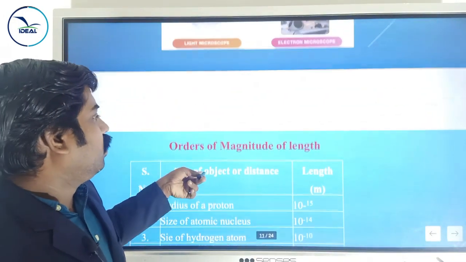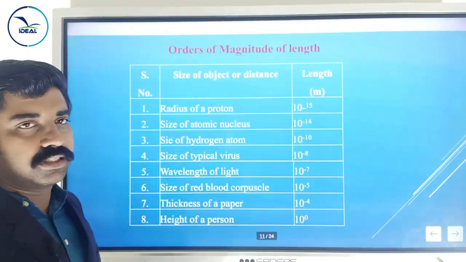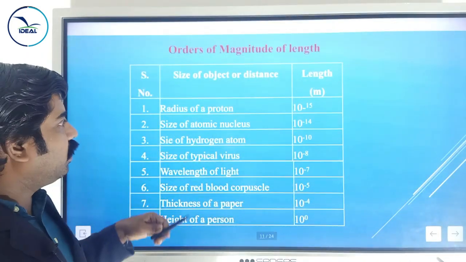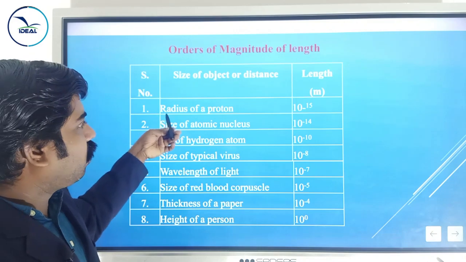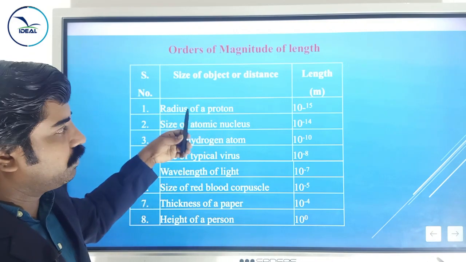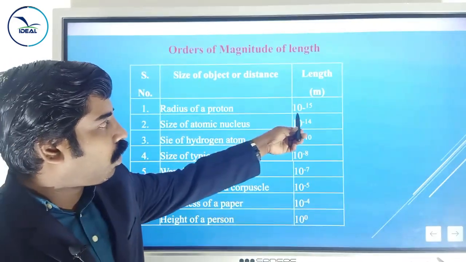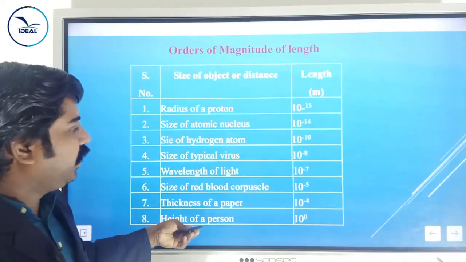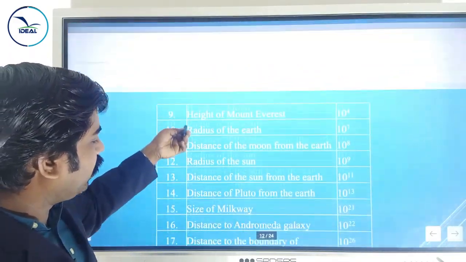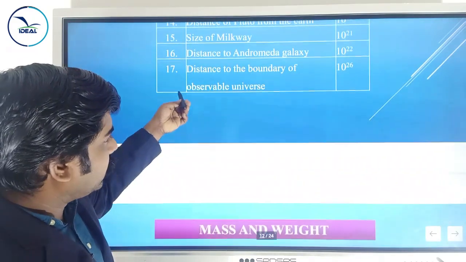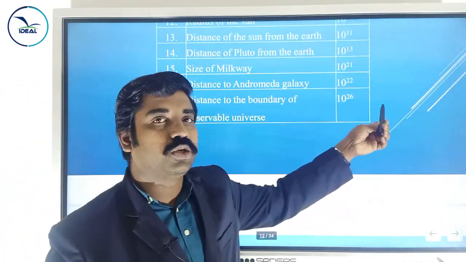Now, orders of magnitude of the length in the universe. The smallest one we consider to be the radius of the proton, of the order 10 raised to minus 15, and the largest one is of the order 10 raised to 26.